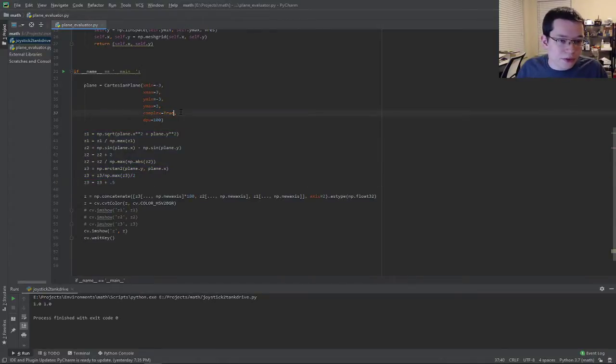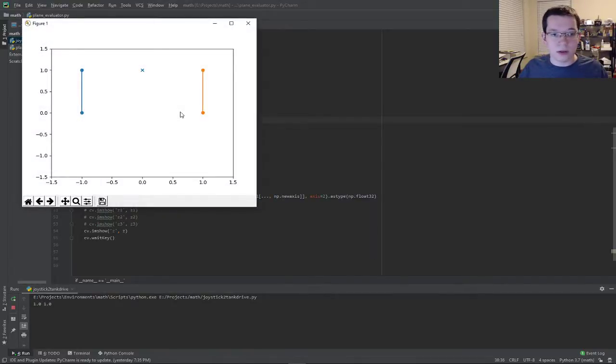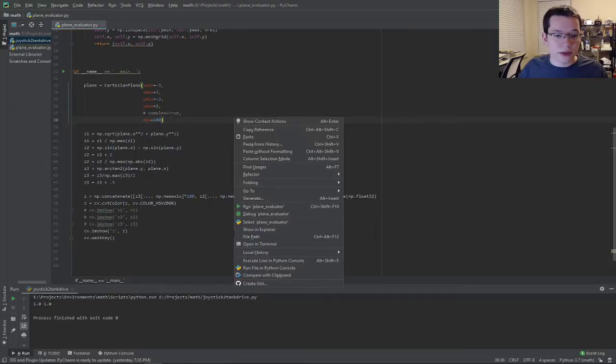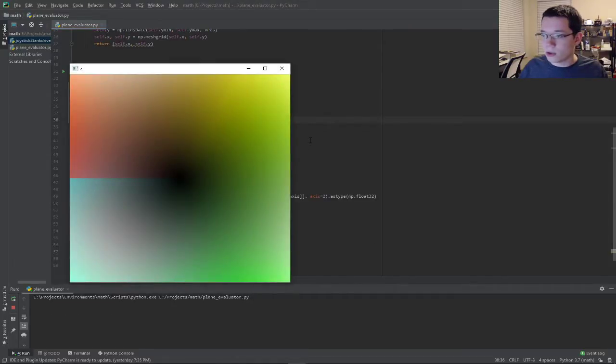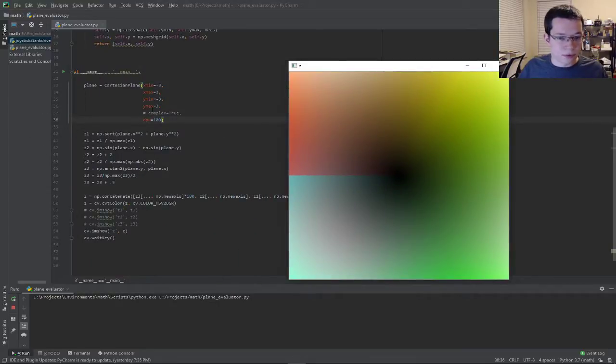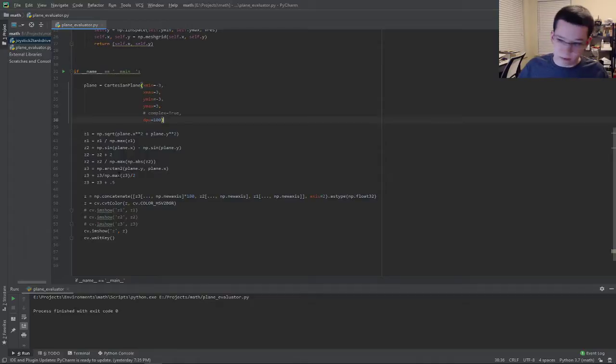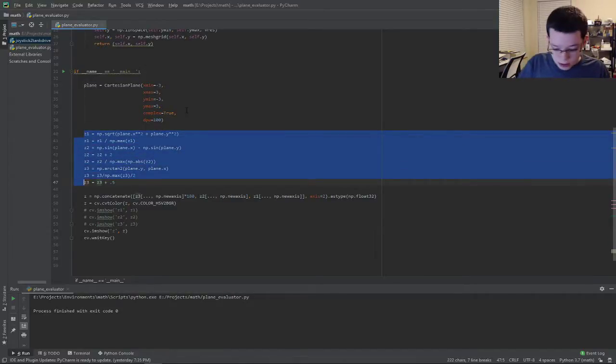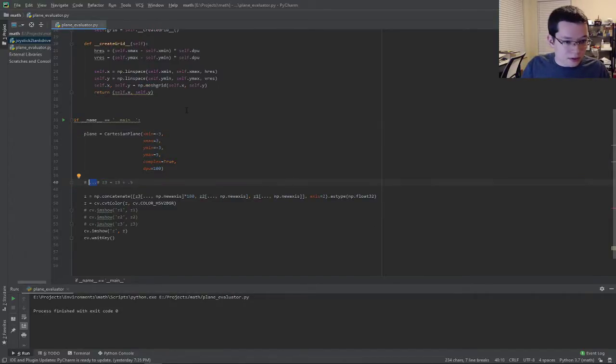I'll actually run this so that you can see what I did before. Hang on. That is not the right thing. Yeah, so this is just me fiddling around playing with a Cartesian plane. So now if I do this, I'm going to comment all of that, condense it.